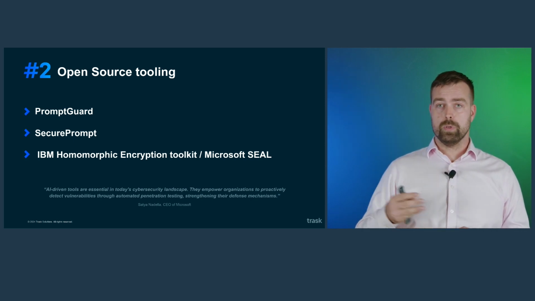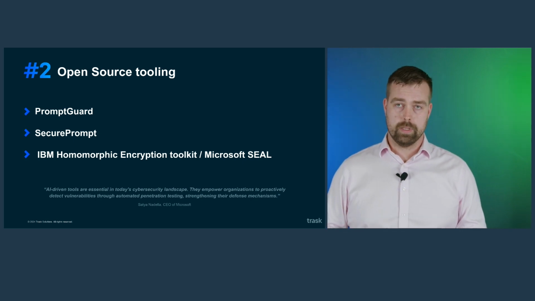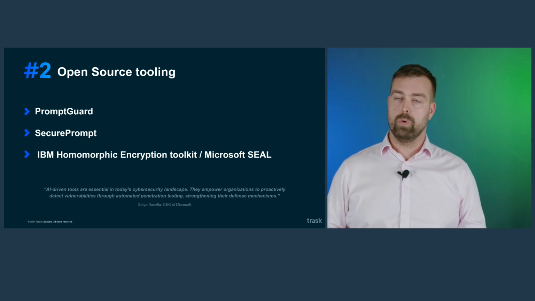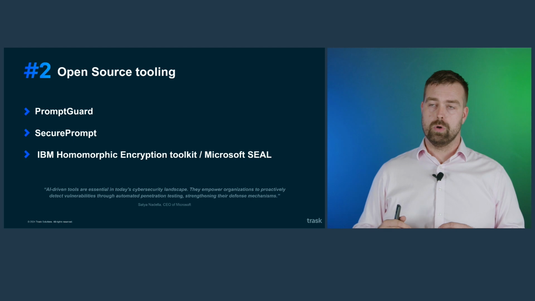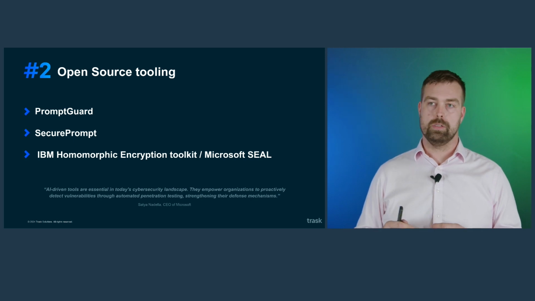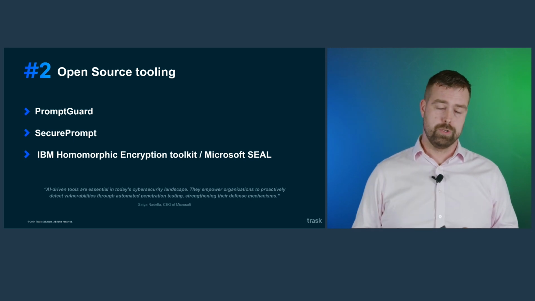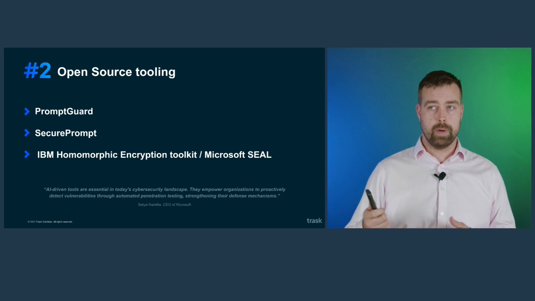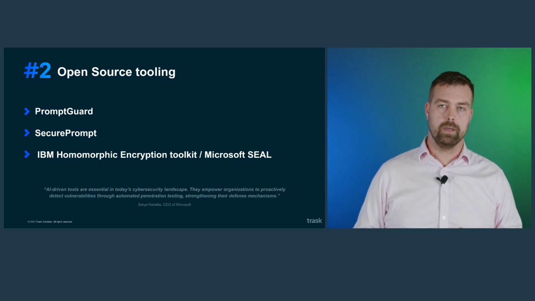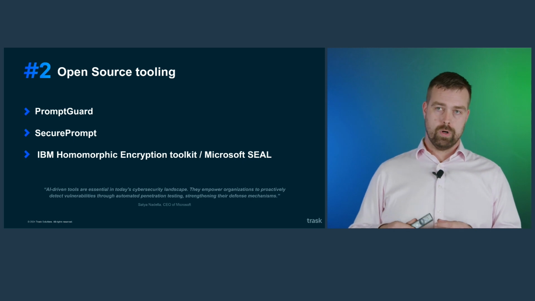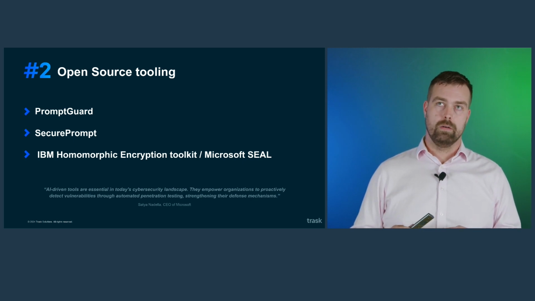An important thing is that even the big vendors like IBM or Microsoft know that having everything as closed source and commercial product is maybe not always a good way. IBM, for example, provides a homomorphic encryption toolkit, the same as Microsoft SEAL, which is a similar thing.